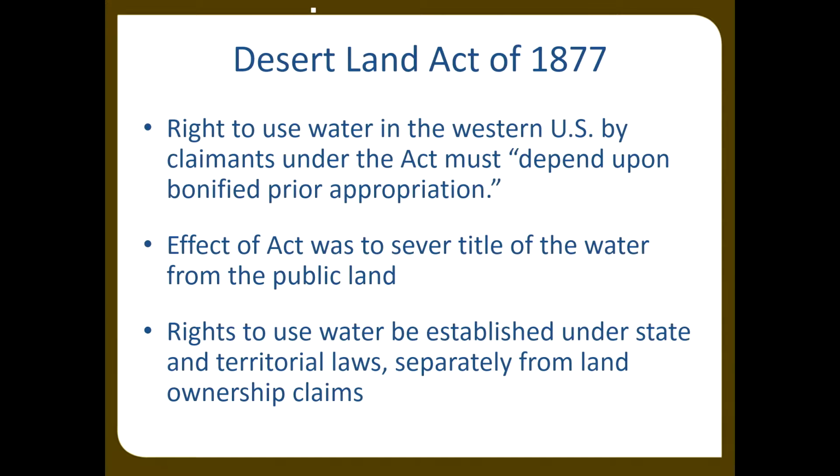Congress directed that the rights to use water be established under state and territorial laws separately from land ownership claims. Part of what that did for us is that the federal government doesn't come in and administer the water rights within the state. Each state has their own laws, and they're administered through a state process.